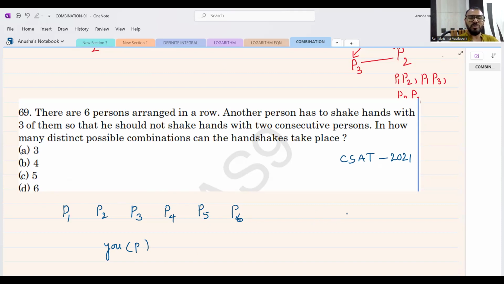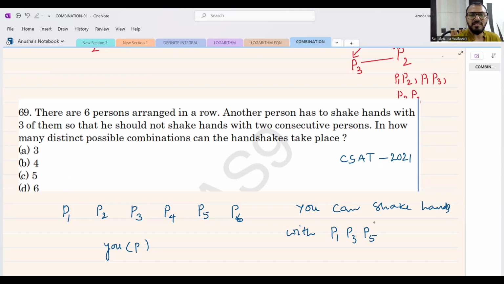So you can do like this. You can shake hands with, select 3 persons. Begin with P1. Now you can't choose P2, so go for P3. Now you can't choose P4, so go for P5.